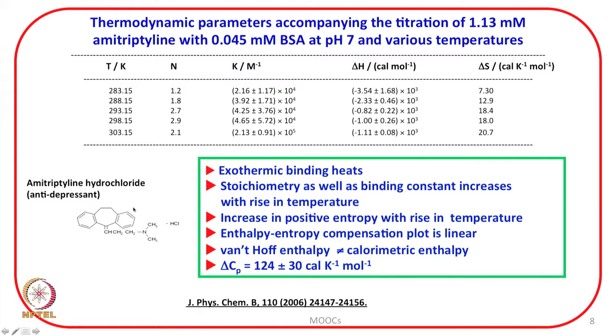Now, if you take a look at the molecular structure of amitriptyline, there is a sufficient hydrophobic content in this molecule.